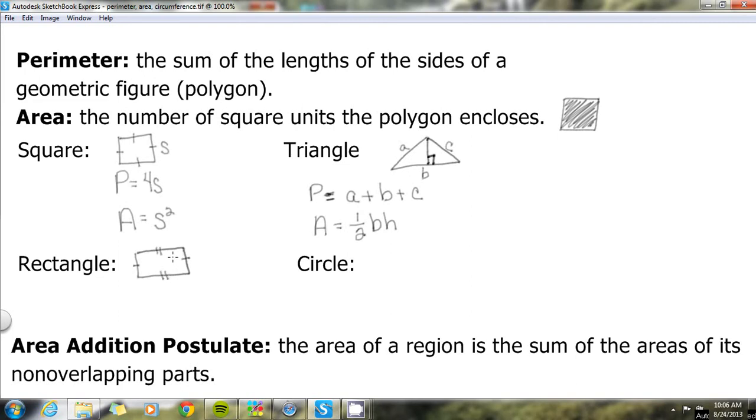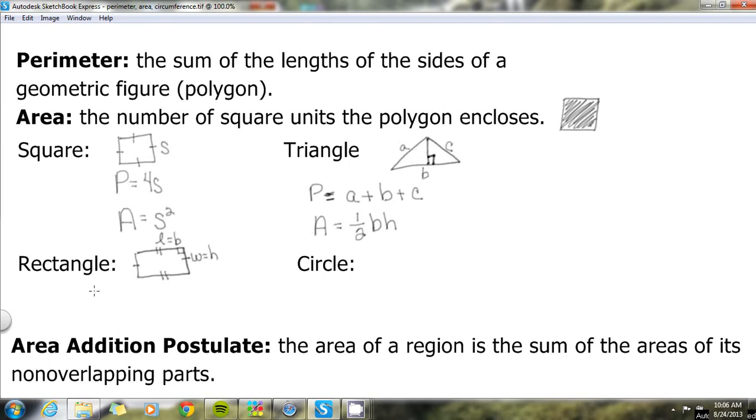And we normally label these as length and width. Now they could also be labeled as base and height, because remember, a rectangle has 4 right angles. Either way you want to label them is just fine.